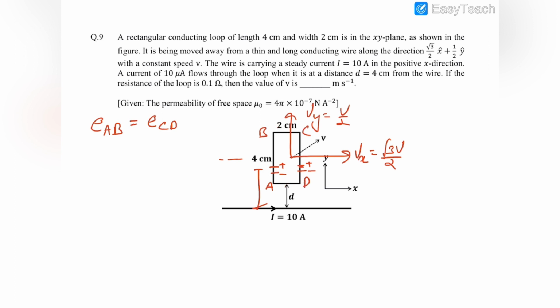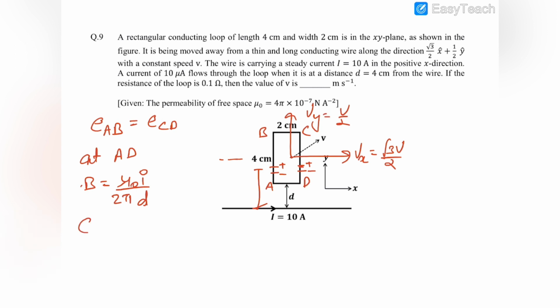Now at AD, magnetic field is constant throughout on this wire, and B will be equal to mu naught I by 2 pi D. This distance is D. Okay, and the component of velocity which is perpendicular to this length is V by 2.